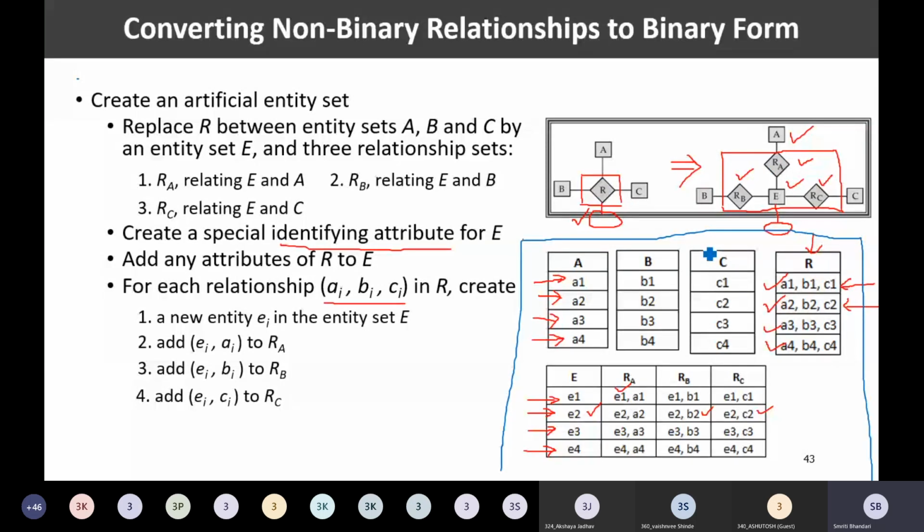And what we are going to do next is add Ei, Ai into RA, Ei, Bi into RB, and Ei, Ci into RC. So these are the steps if we want to convert any non-binary relationship into a binary form. I hope you must have understood the concept.